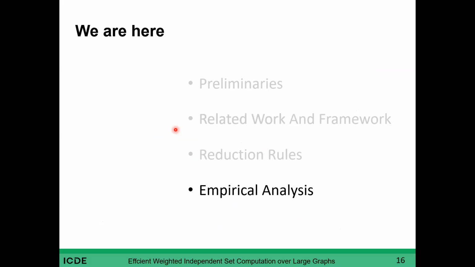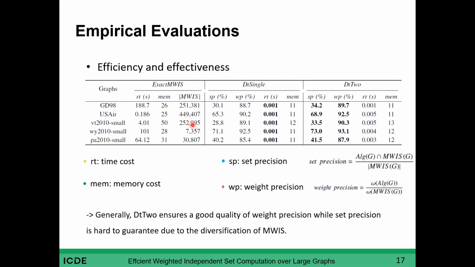At last, let's check out the performance. You can see that we compare in 4 aspects, and as regards the time cost and the memory cost, we have an apparent improvement. In order to confirm effectiveness and efficiency, we designed 2 indicators: the set precision and the weight precision.